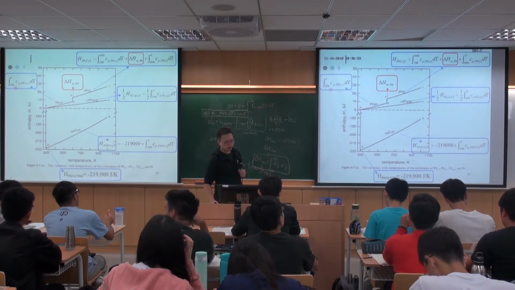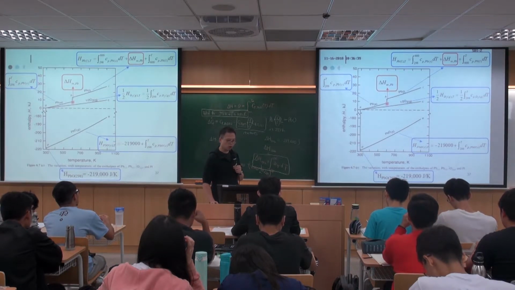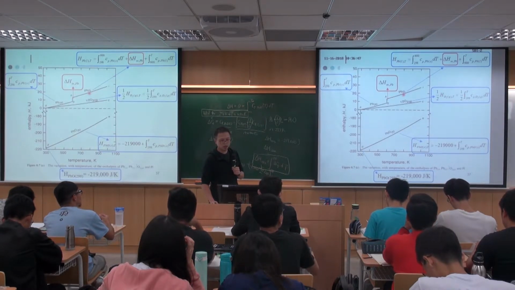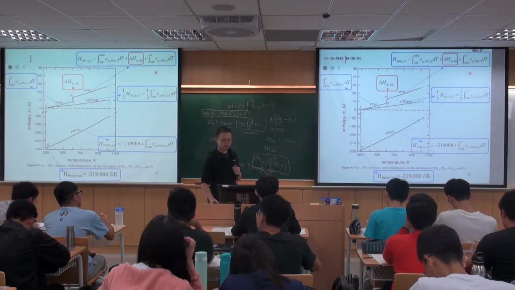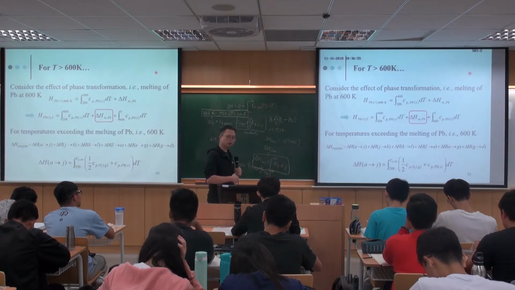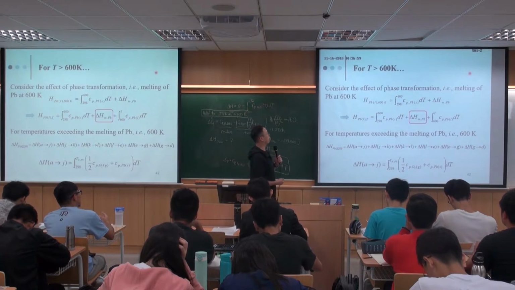You gradually increase up to like 600 Kelvin. And then at 600 Kelvin, there will be an increase due to delta Hm, that's the melting, and then you'll keep moving upward. And that's this part. Okay? So if we want to do the calculation, we have to take that melting and also the liquid contribution into account.